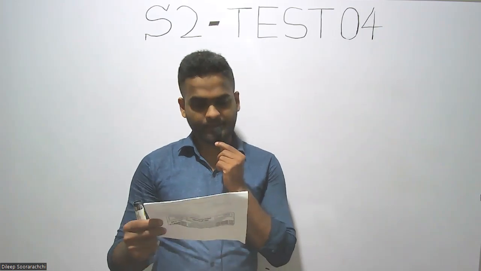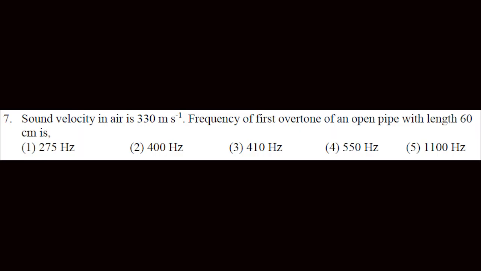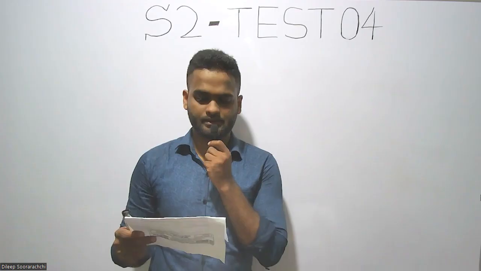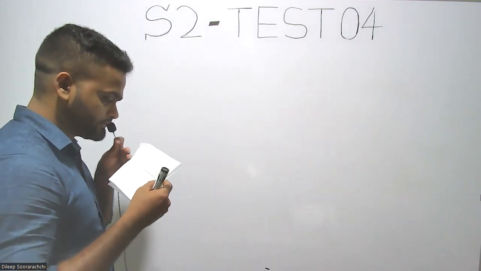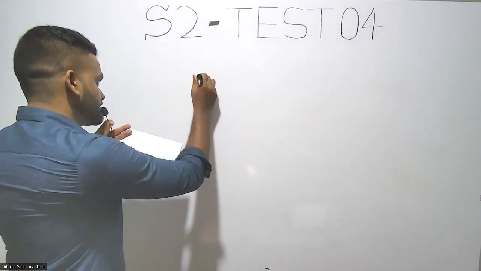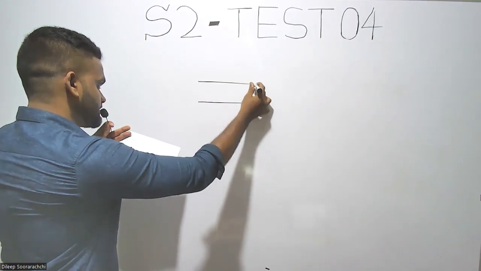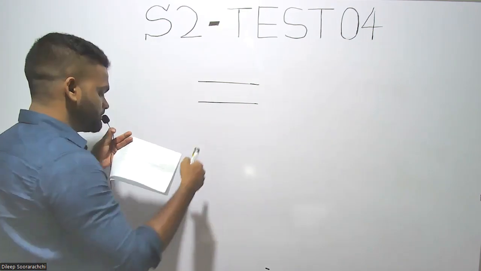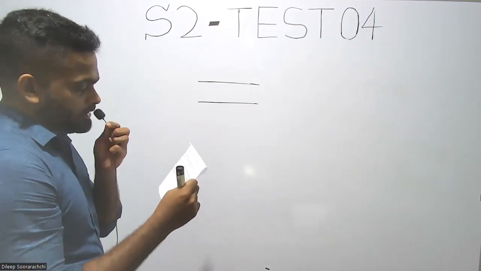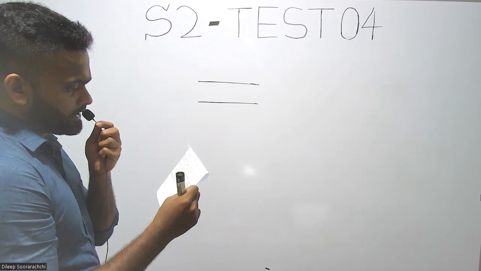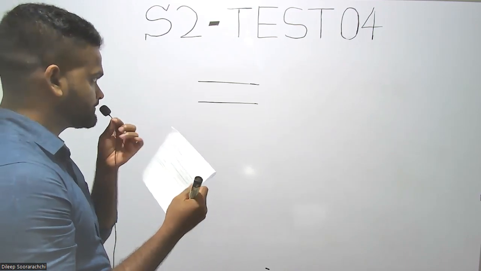Seventh question. Sound velocity in air is 330 meters per second. The frequency of the first overtone of an open pipe with length 60 centimeters is, right. So we have an open pipe, not a closed pipe. Open pipe means both ends are open. Closed pipe means one end is closed. Then they ask for the frequency of the first overtone.